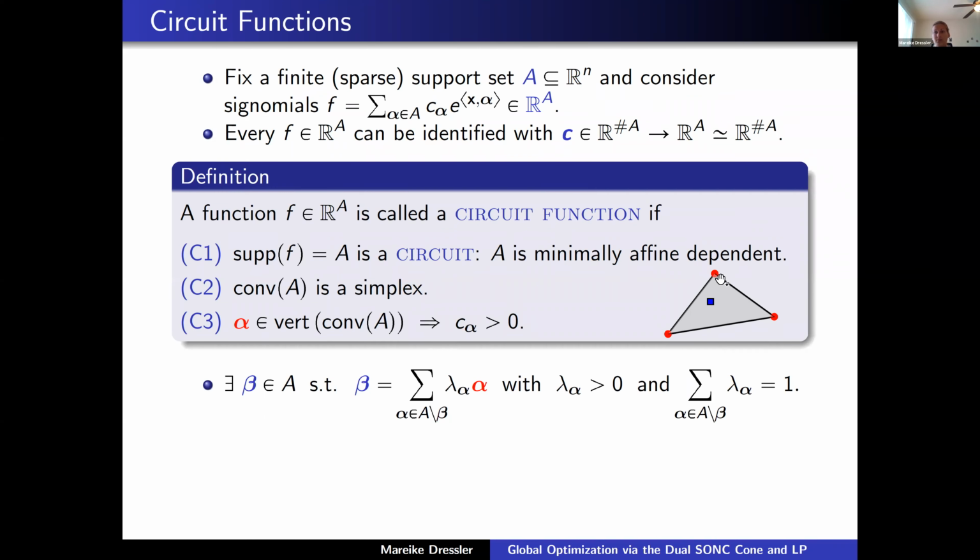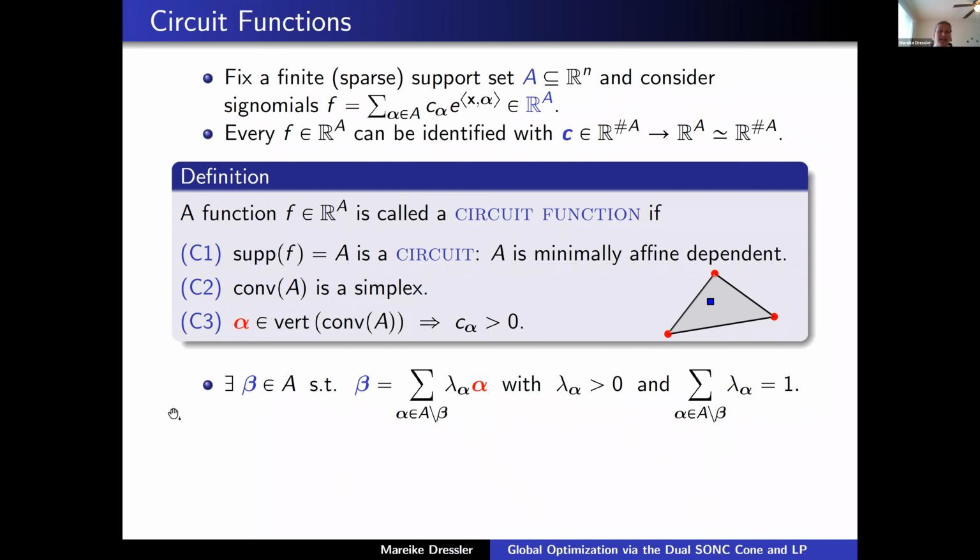So you have this picture here. And that means I can write this beta uniquely as a convex combination of the vertices alpha, and these lambda here are the so-called barycentric coordinates relative to the vertices.